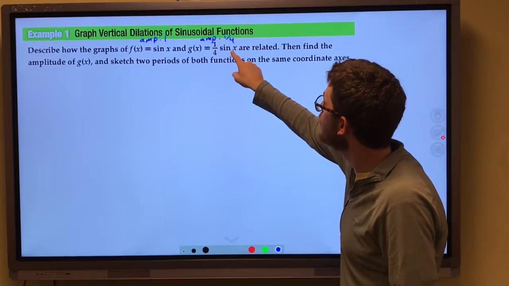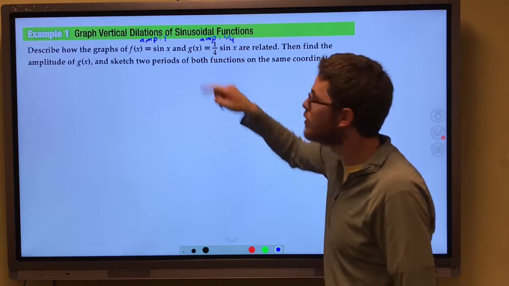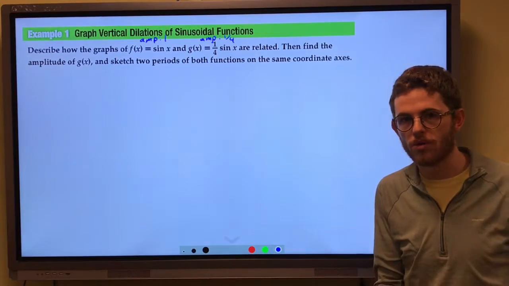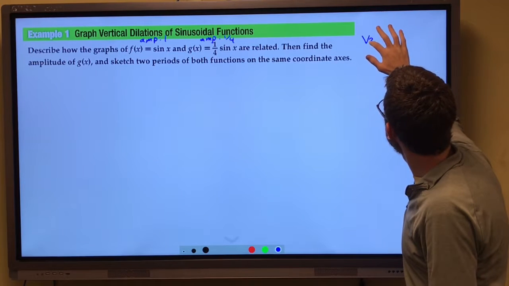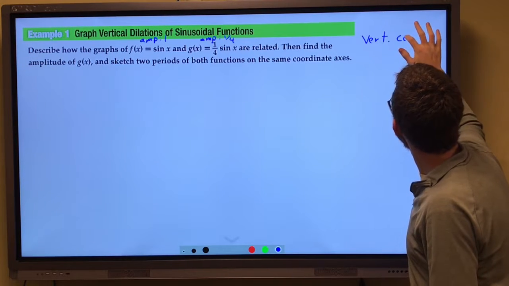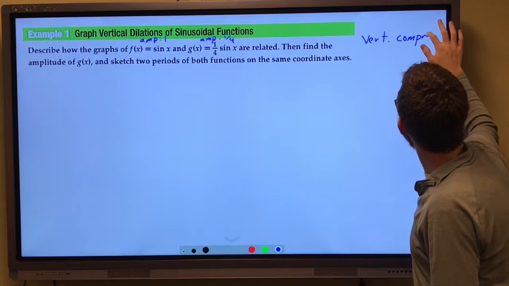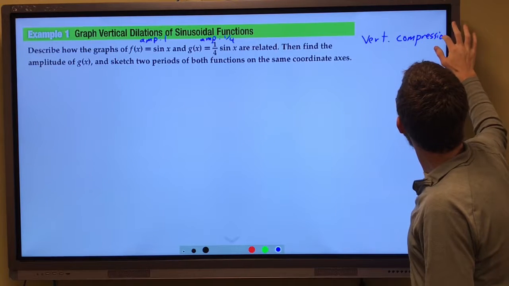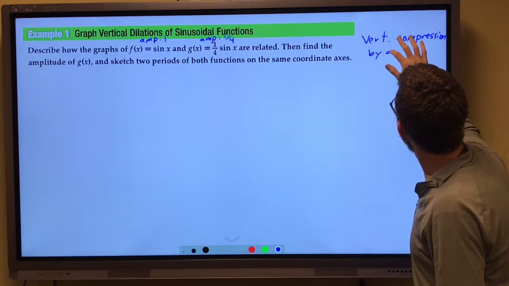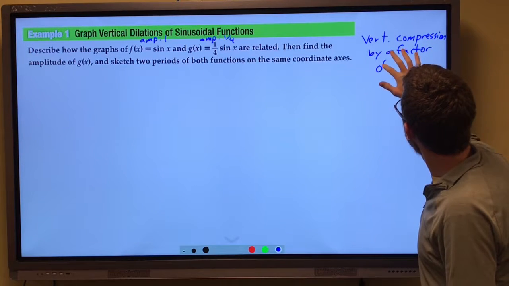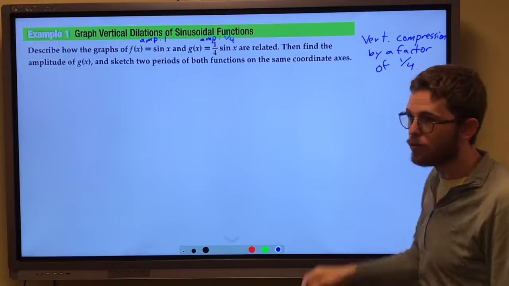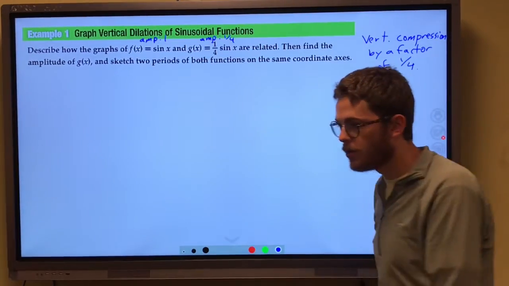All of the outputs that we would have had here are then being multiplied by 1/4. So this is going to be a vertical compression by a factor of 1/4.